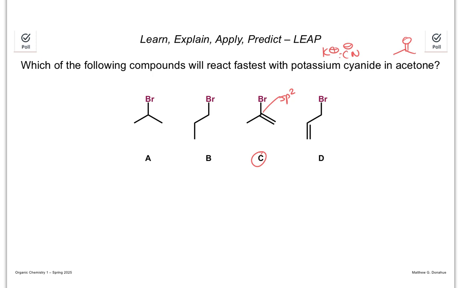What's the classification of response A? Secondary, and then B is primary, and D is primary. From that, we can eliminate A, because we know primary is going to react faster than secondary. And then what's the difference between B and D?